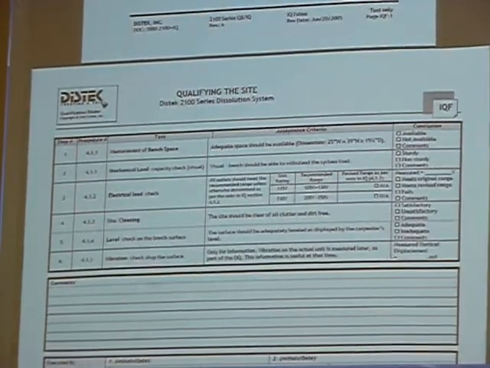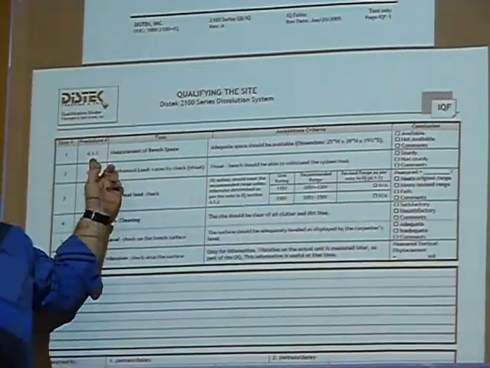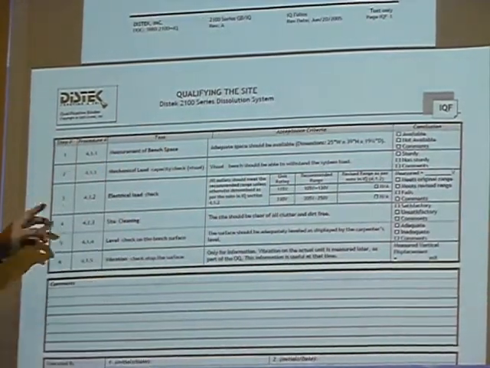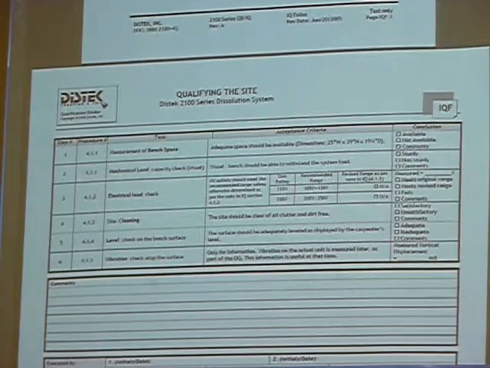And of course, it has the measurements right here, and available, not available, comments. So again, you can't get lost, and that's true of any procedure we have in our documents. They're all listed right here. As you go through them, you can just go back in the document, and it'll tell you how to do it in the procedure section of it, and you document it in the folio section of it.